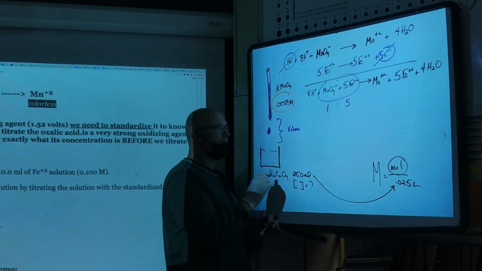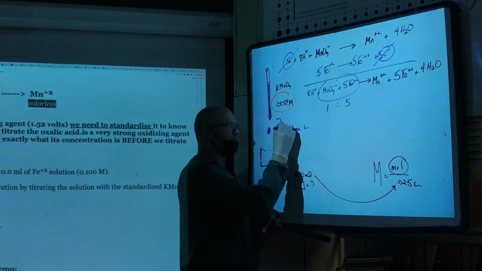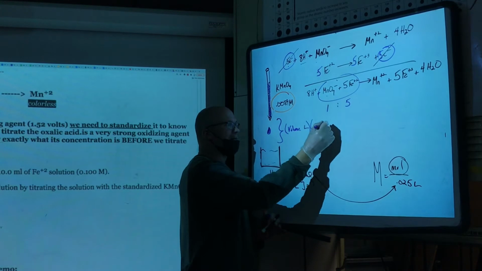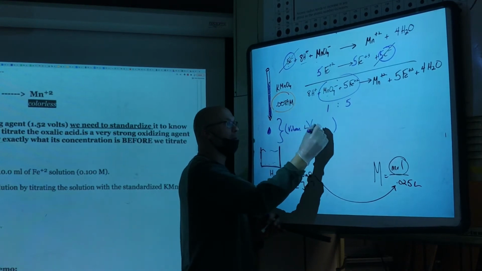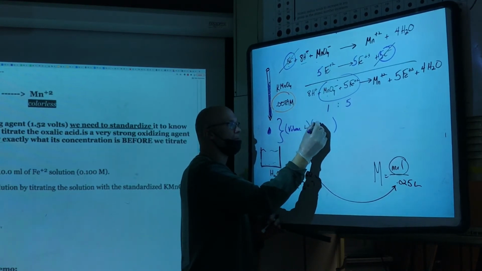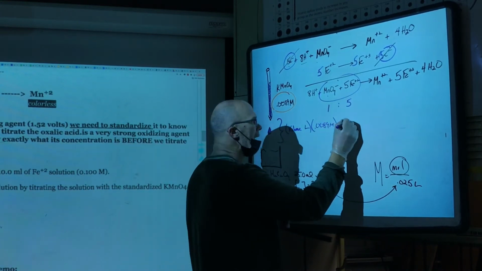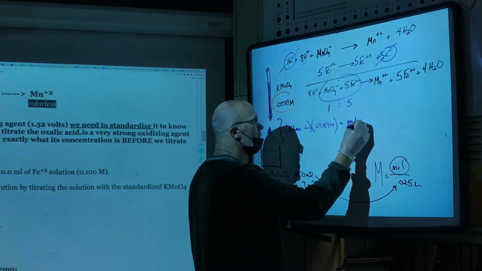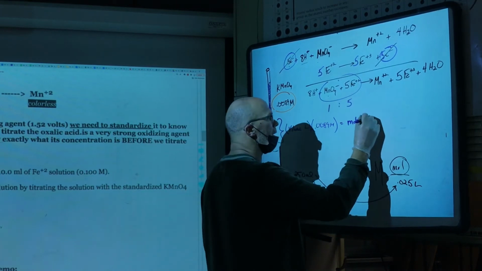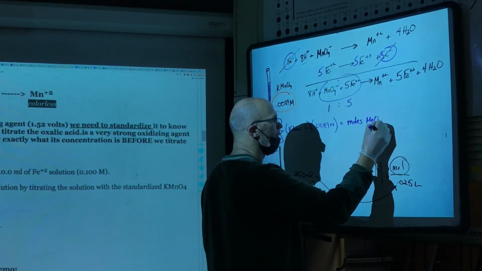So we're going to take that volume in liters, whatever that might be. We're going to times it by its molarity. In this case, it's 0.0089 M. Molarity times liters, that's going to give me moles of MnO4.